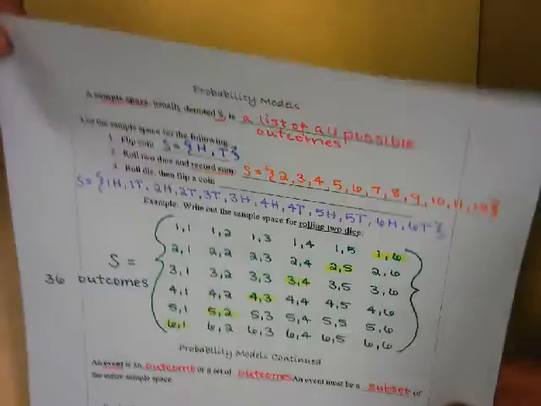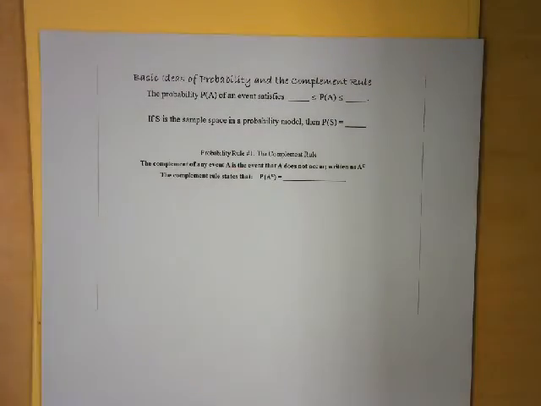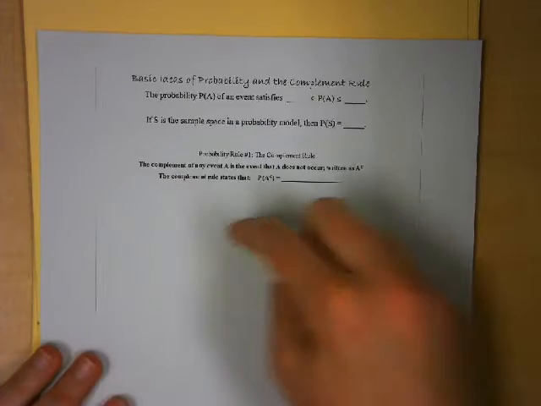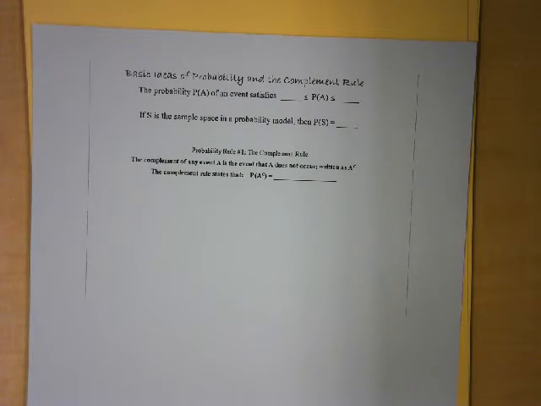Alrighty. So we're going to get to our first rule, and somehow I could have sworn I typed a question down here and it's not there. So we're going to write it in, but we're going to get to our first rule of probability. Just a couple things to keep in mind.